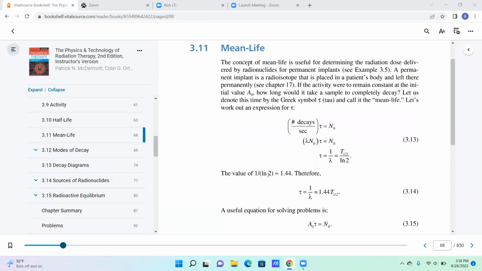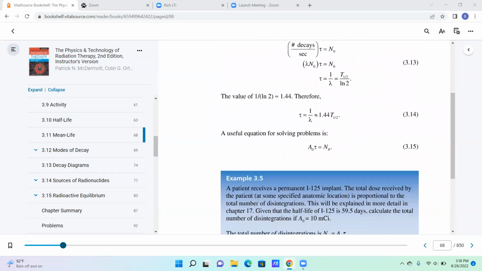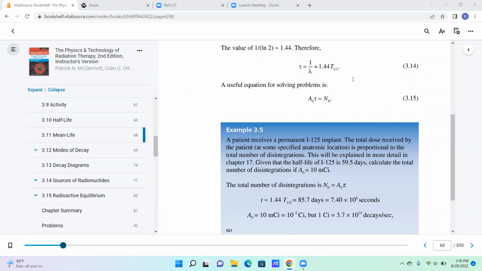So the value of 1 over the natural log of 2 is 1.44. So we're simplifying this to say tau is 1.44 times the half-life. And a useful equation for solving problems is A naught times tau is equal to N naught.